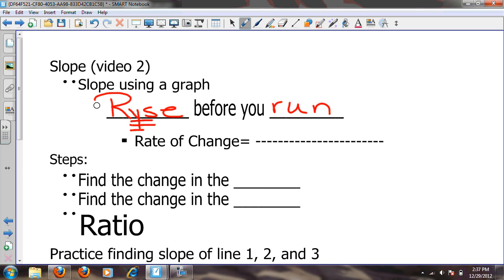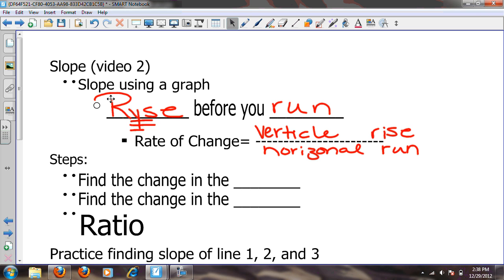So when we look at the rate of change for rising before we run, it is the vertical over the horizontal, or the rise over the run.